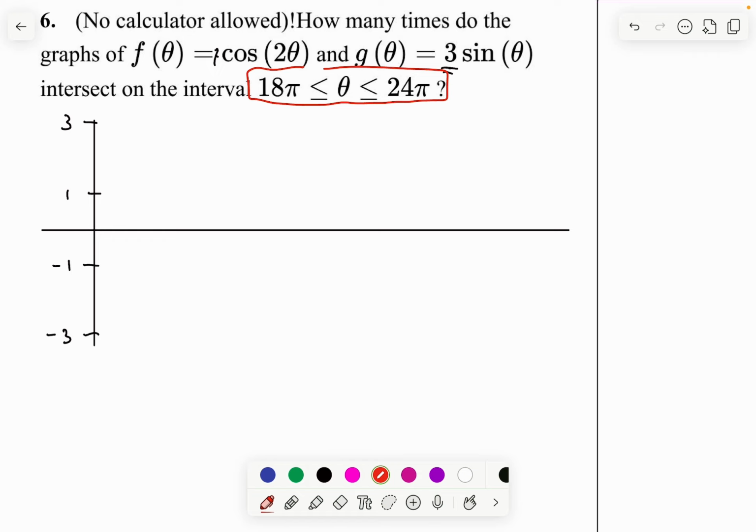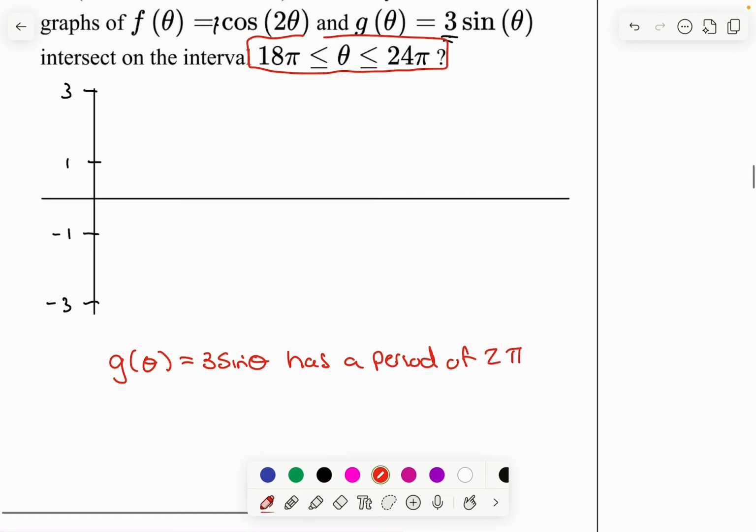Because what's the period of g of theta? Let's write that. G of theta equals 3 sine of theta has a period of 2 pi.